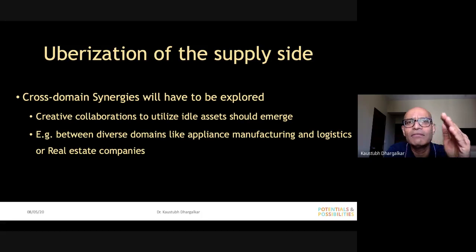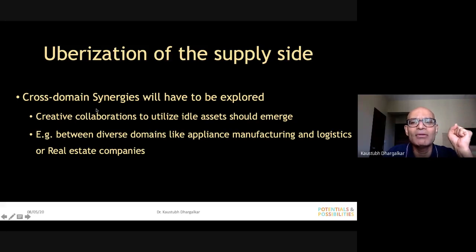And now this synergy, what I'm talking about, is not really directly from its own domain. A logistics company and an appliance manufacturing company, somewhere it's beyond direct, straightforward vertical integration or backward integration or forward integration. Now, these are the kinds of synergies which I refer to as cross-domain synergies.